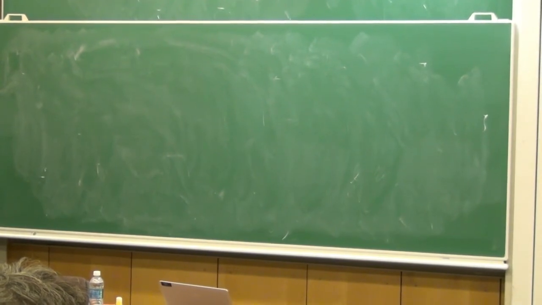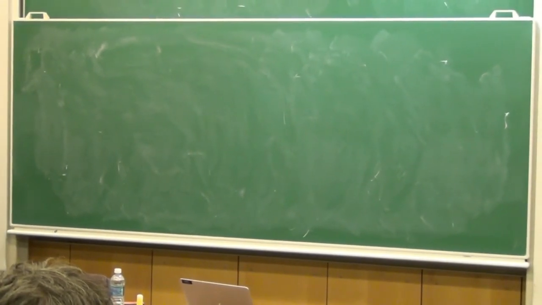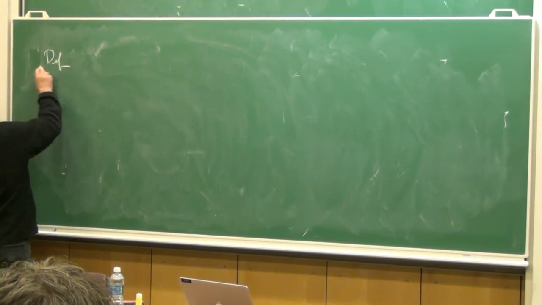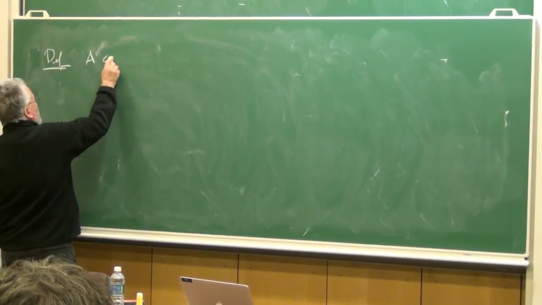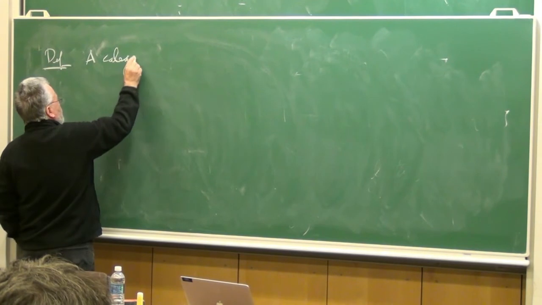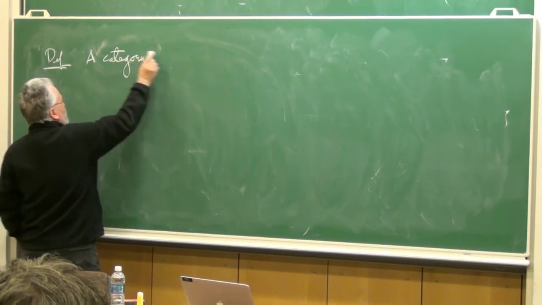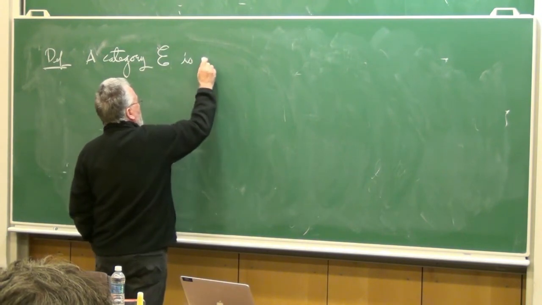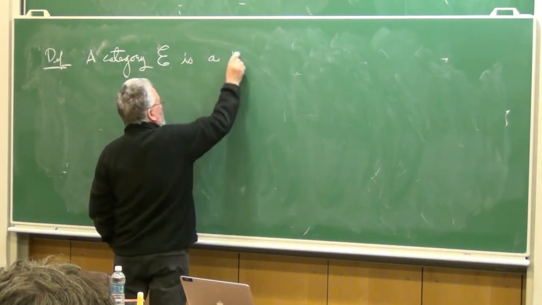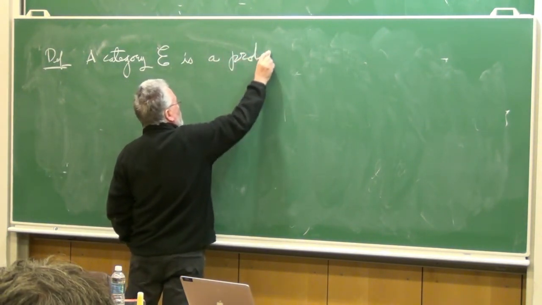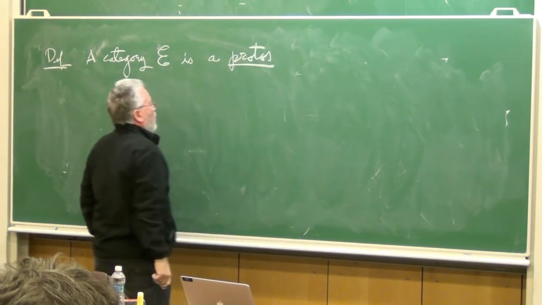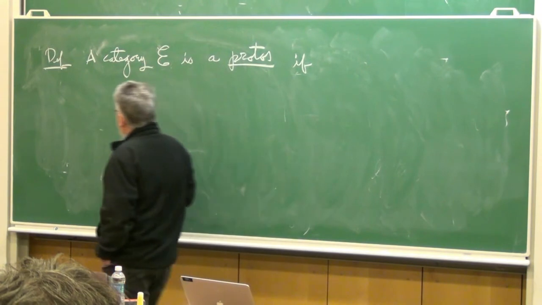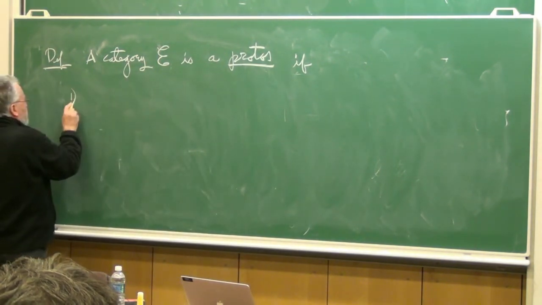Okay, so what is now the definition? A category E is a protos if, okay, there will be various conditions.